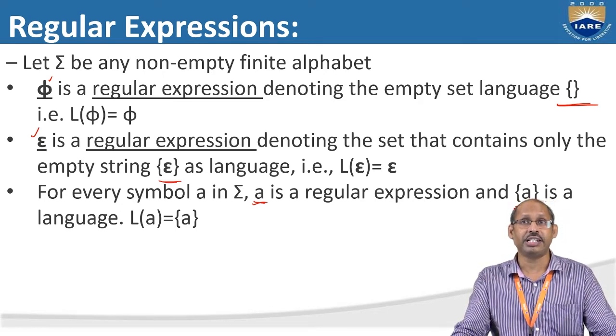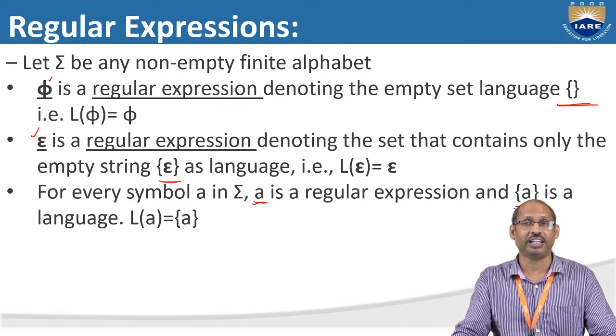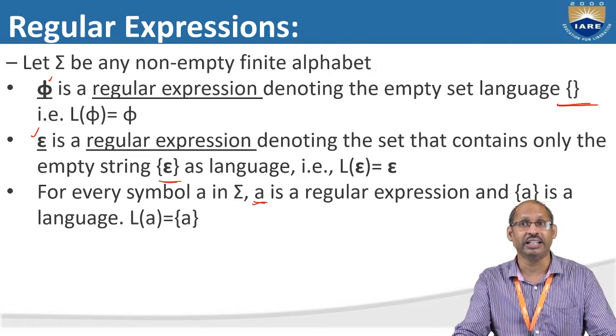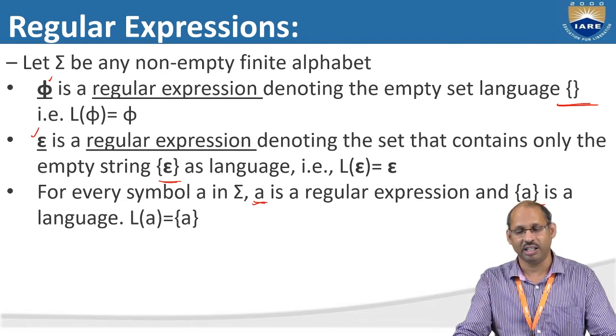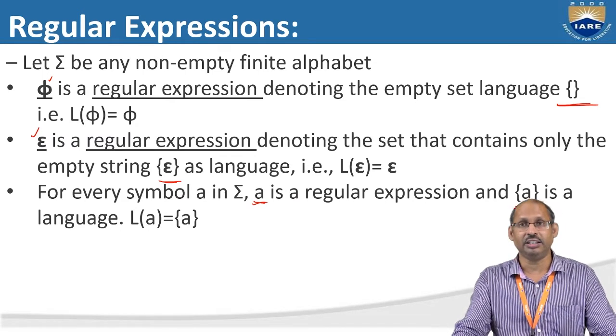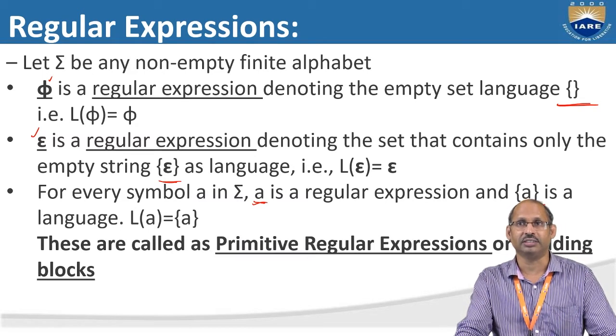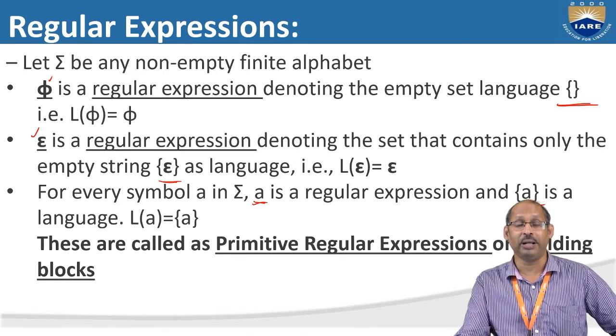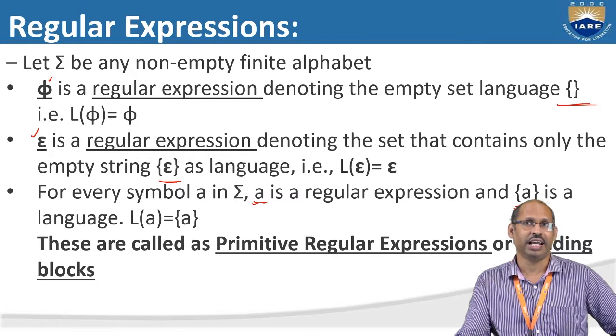So these are the three basic rules of the regular expression by which we can construct a long, lengthy regular expression to represent any regular language. These are called the primitive regular expressions, the building blocks of regular expressions.